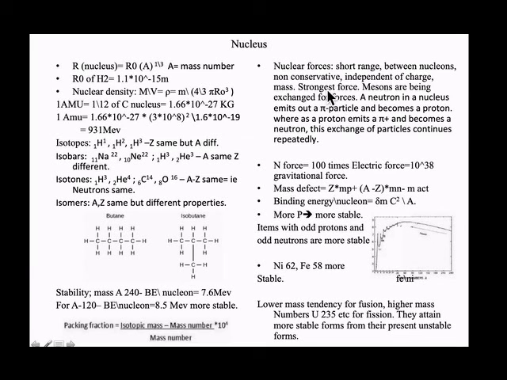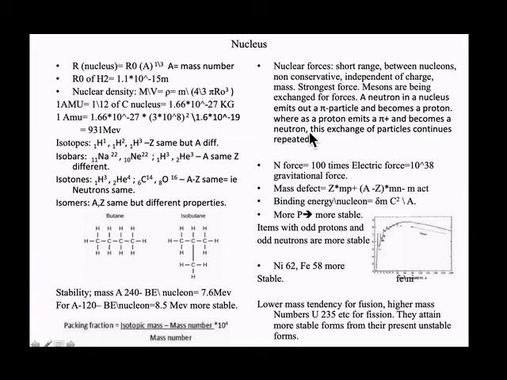How has this force evolved? This force has evolved because mesons are being exchanged. What are these mesons? A neutron emits a pi minus particle and becomes a proton, whereas a proton emits a pi plus particle and becomes a neutron. These pi minus and pi plus are termed mesons.